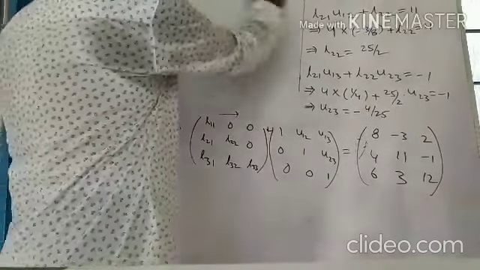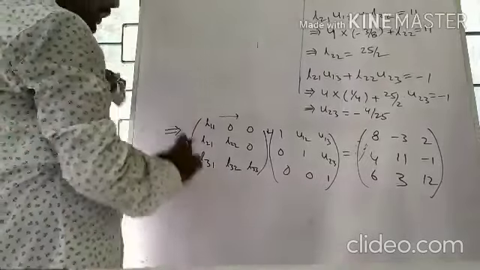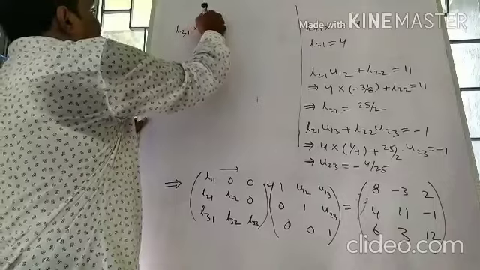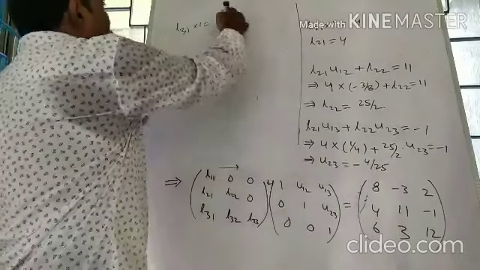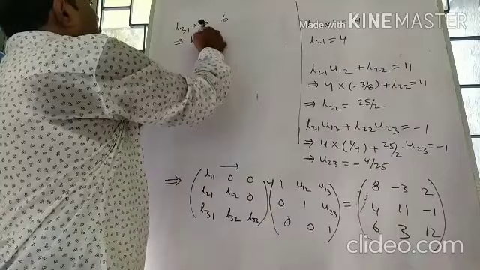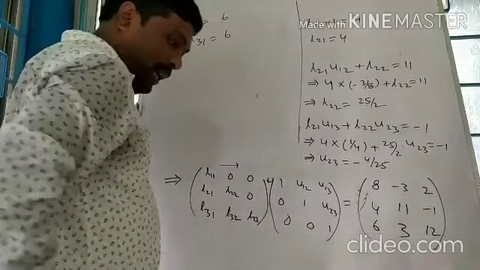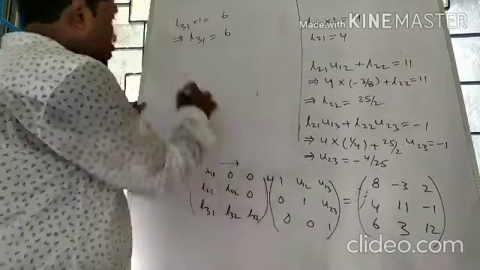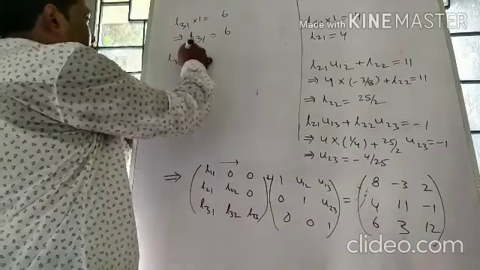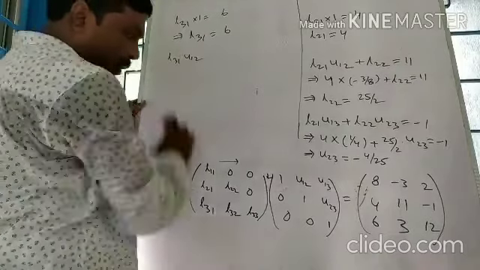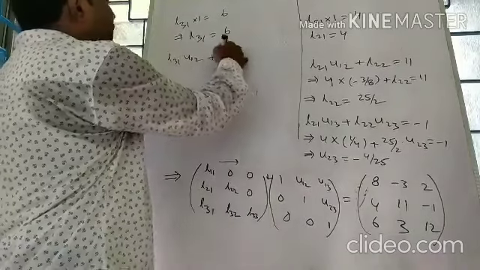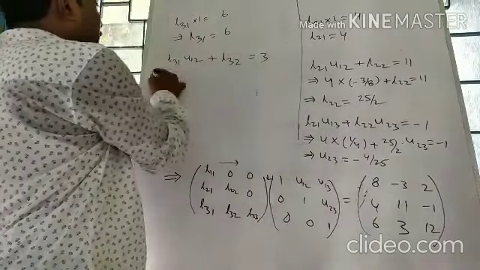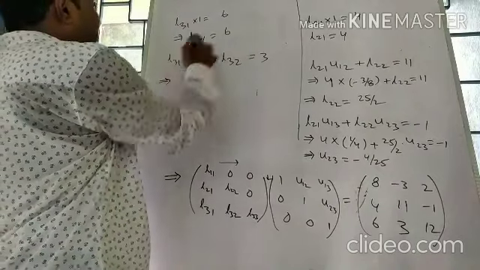Okay. Next, third row, first column. So L31 into 1 equals 6. So L31 is 6. Next, third row, second column. So L31 into U12 plus L32 equals 3. Now, L31 is 6.